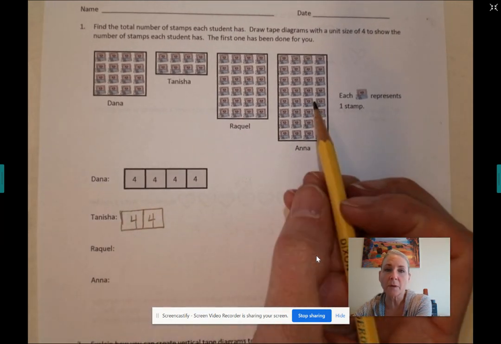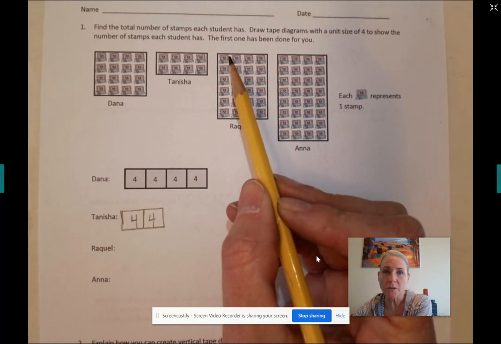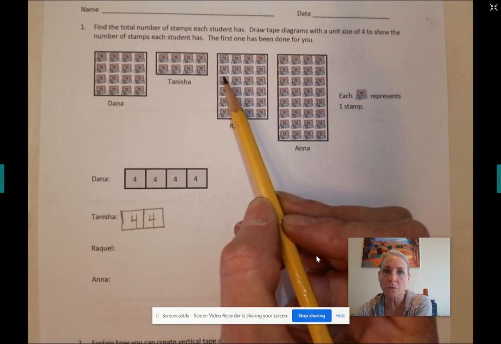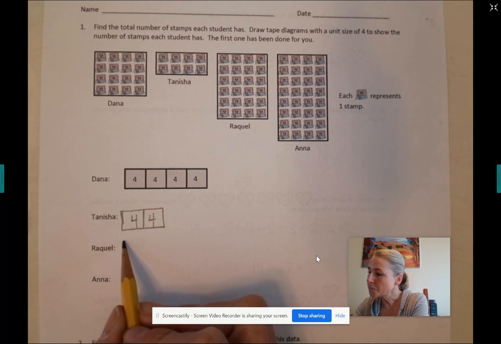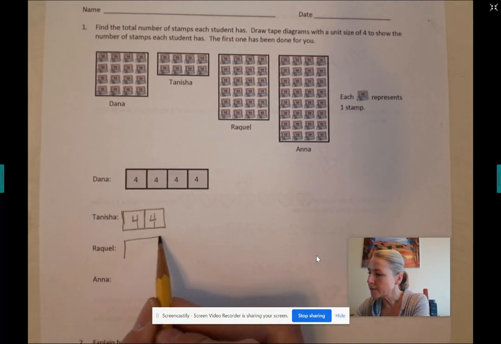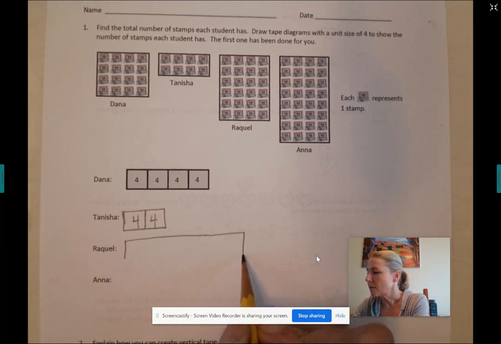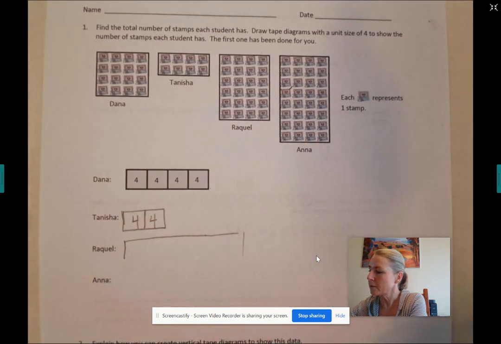If we go over to Raquel, Raquel also has a size 4. She has 4 columns, right? And the number of rows she has are 1, 2, 3, 4, 5, 6. So when I'm drawing Raquel, I can see that 4 is going to be out here. There's 4, 5, 6, so that probably could come out a little bit further.